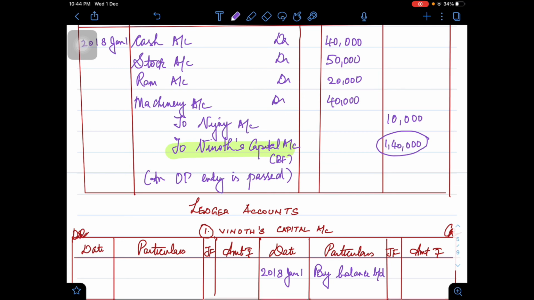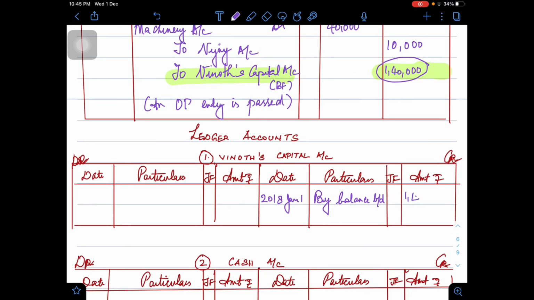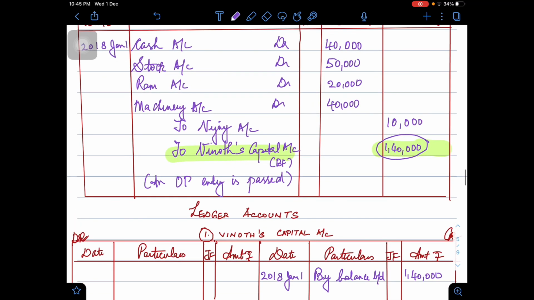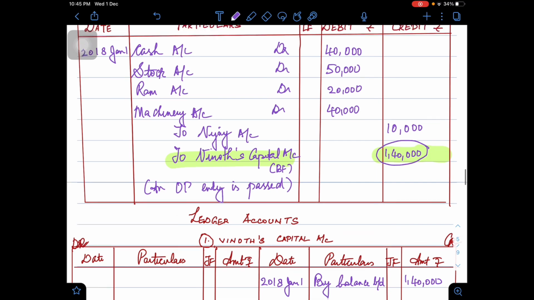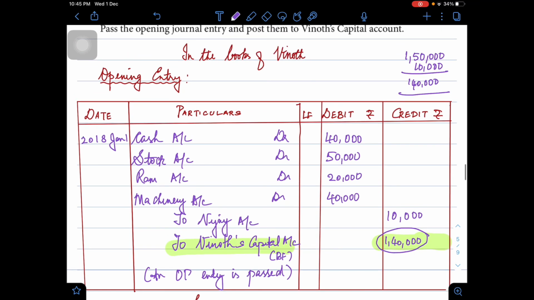So what is actually Vinod's capital? That 1,40,000, that only I will be showing here. Clear? I am not going to show individually cash, stock, machinery, because if I show separately, the total will come to how much? This 1,50,000. That may not be right.